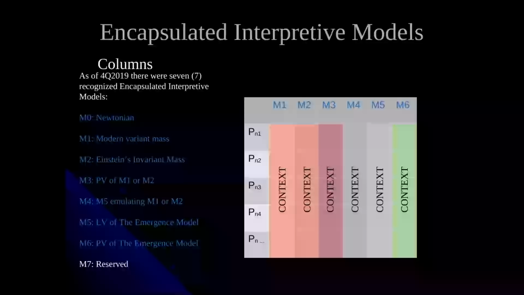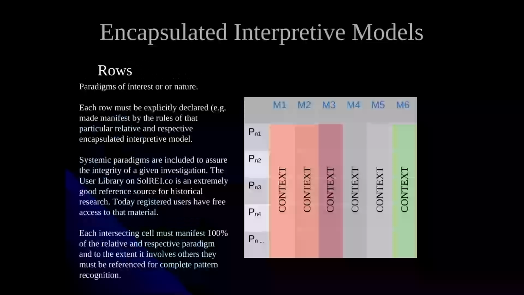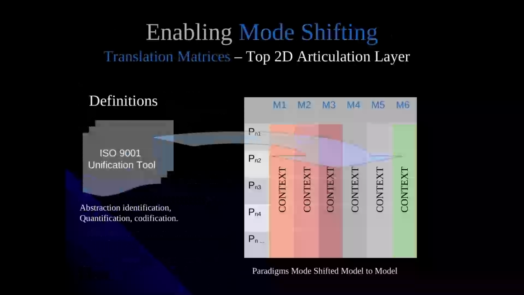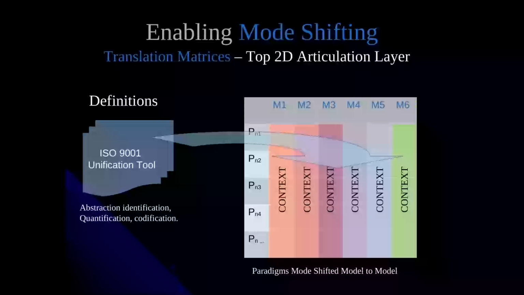And that's what the next chart on the rows is. Same thing. We talked about that in the earlier videos. I'm not going to hit it hard here, but the rows are the paradigms of interest, or of nature, for your given investigation. The top layer of all that, once it's completed and filled out, is what we call the 2D articulation layer, or articulation frame.